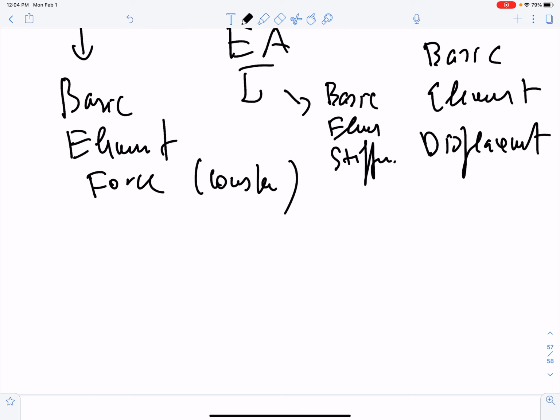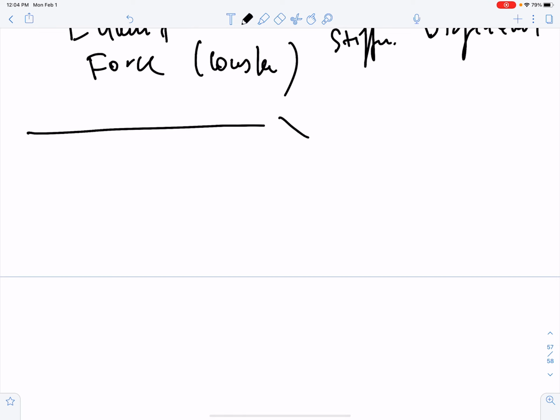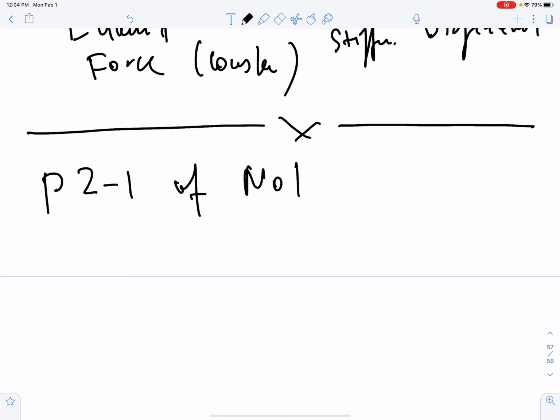So now that we've introduced the basic system, let's start developing methodology in order to handle the full structure. This takes us to page 2.1 of the notes. Yep.